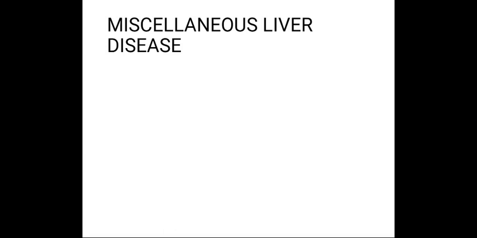It occurs most frequently in middle-aged women and is associated with antimitochondrial antibodies. Then primary sclerosing cholangitis destroys bile ducts and occurs most frequently in young males. It is associated with inflammatory bowel disease but can be idiopathic, and it may progress to cirrhosis.